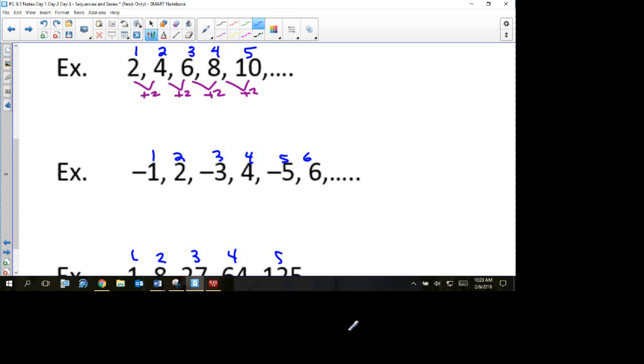If you find the differences like this, which are called finite differences, if you have the first finite difference is constant. So if you do this once and it's constant, that tells you that your equation is linear.